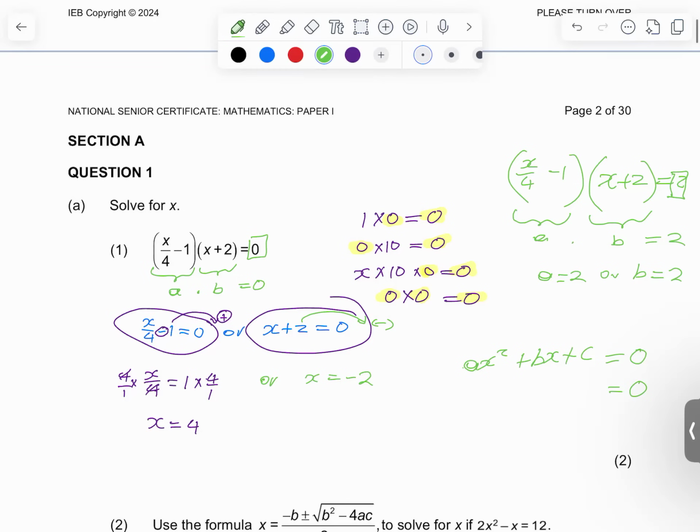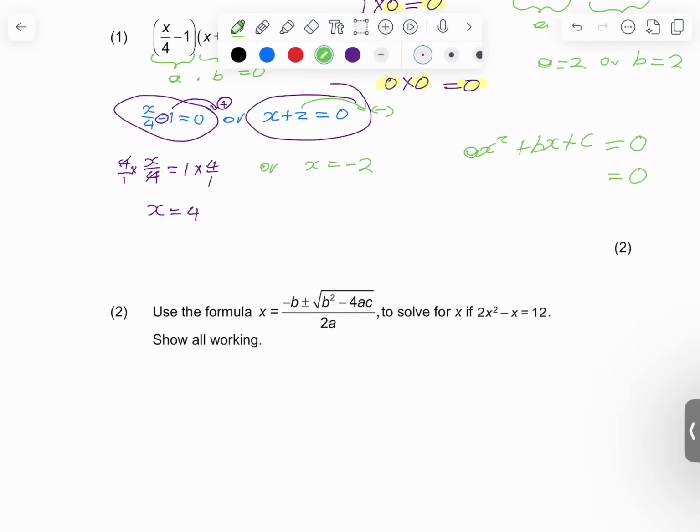When you look at number 2, they want us to use the quadratic formula to solve for x, if 2x squared minus x is equal to 12. This is a quadratic equation, and to be honest, I can't do anything until I have written it in standard form, which is that form over there. To write it in standard form, I have to transpose 12.